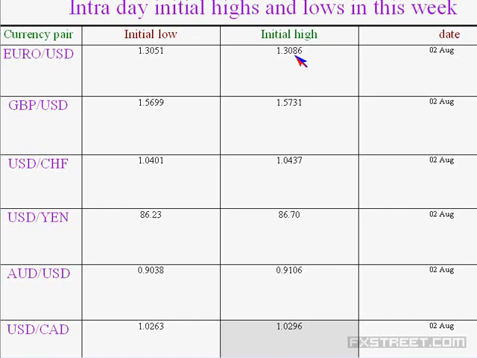Say for example, in the case of euro, the initial high was 1.3086, and currently you find 1.3088 was the high, and subsequently it is trading around 1.3061. So they made a brief upward stop of 2 pips, and then subsequently made a slide, and they are holding below that.